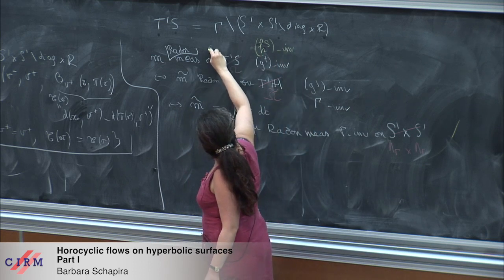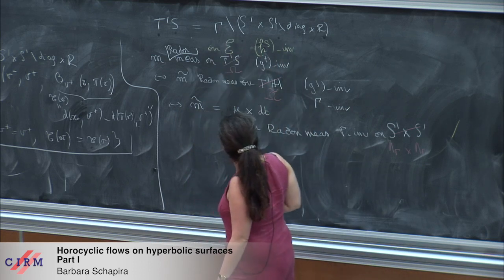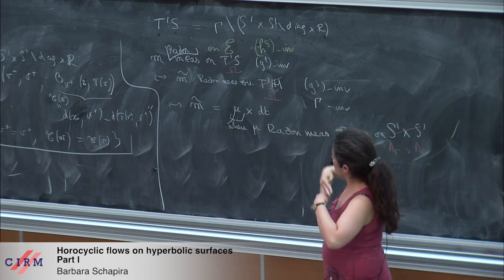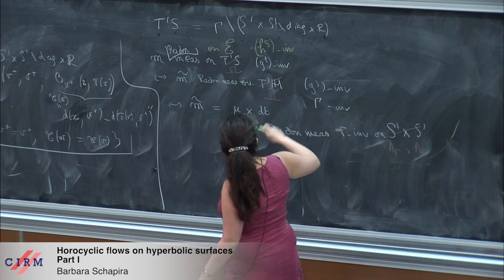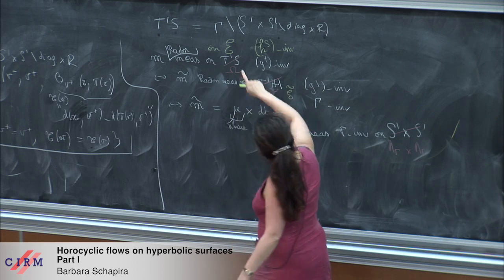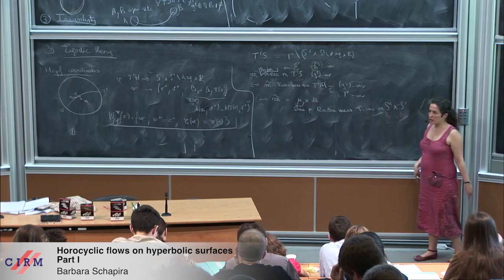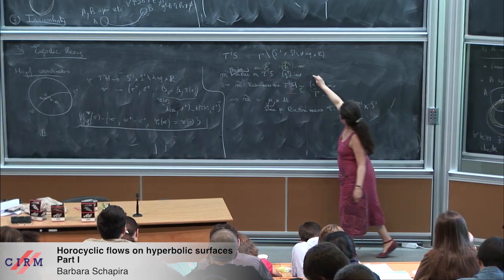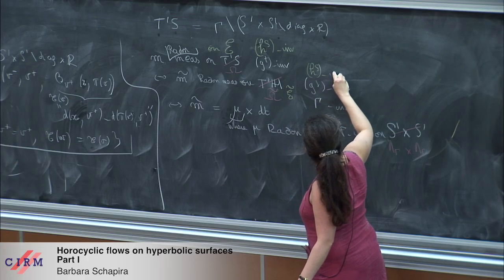So on the non-wandering set of the horocyclic flow, it's the same as considering its lift to the unit tangent bundle, or the lift of the non-wandering set, E tilde, which is HS invariant.